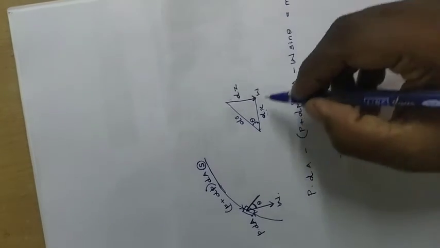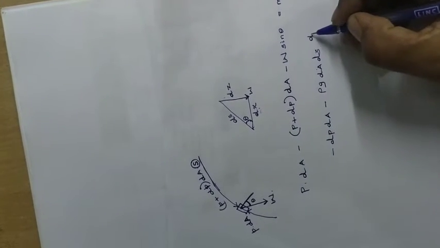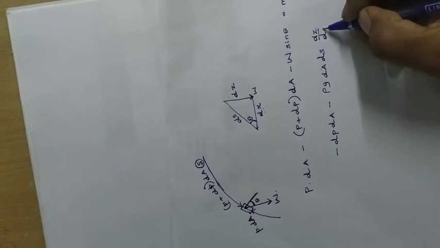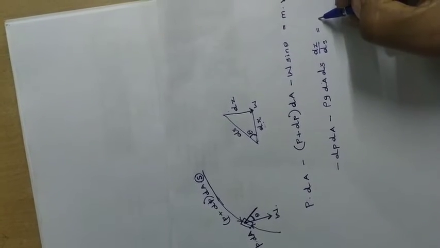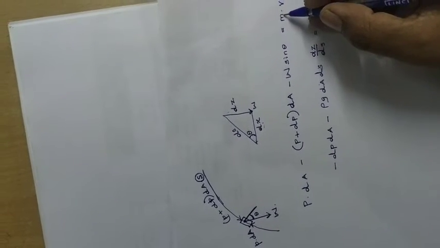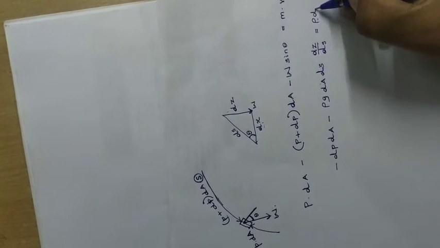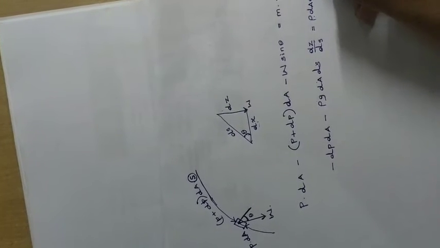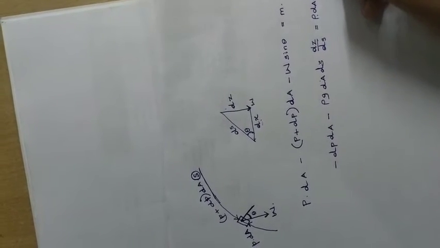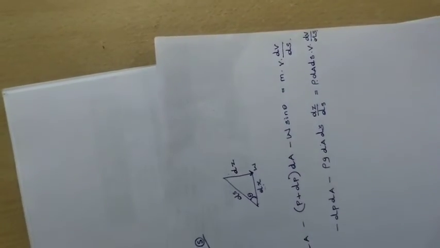Sin theta you can write as dz by ds, which is equal to, with the same conversion, rho dA ds into V into dV by ds, right?